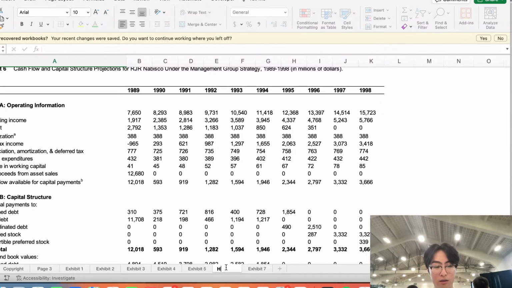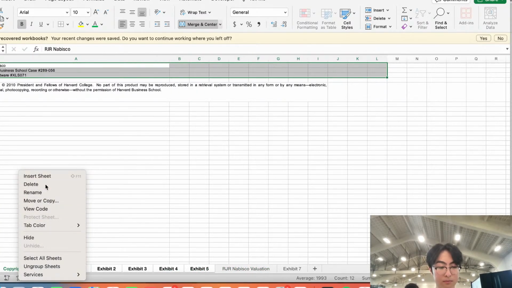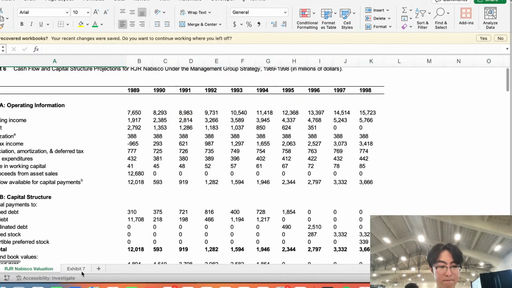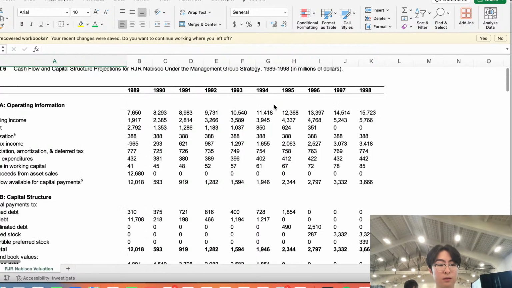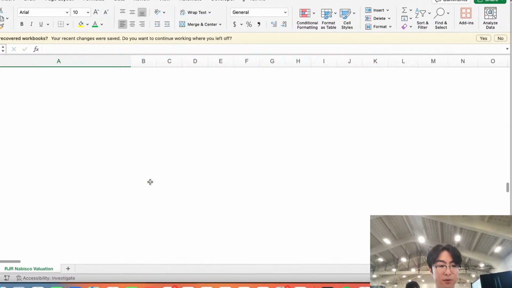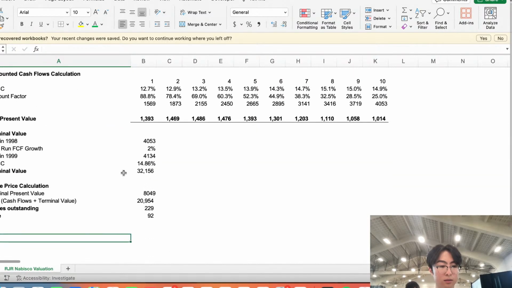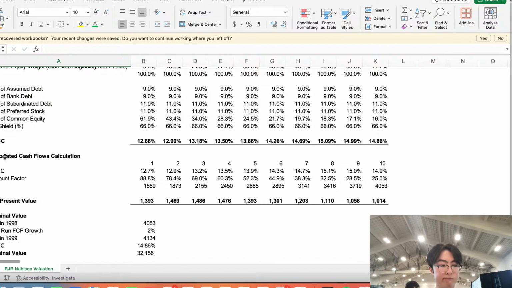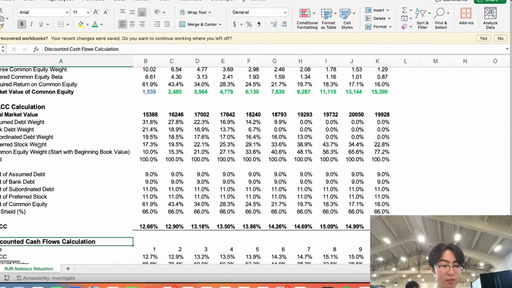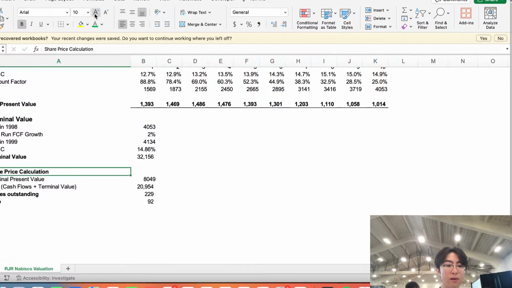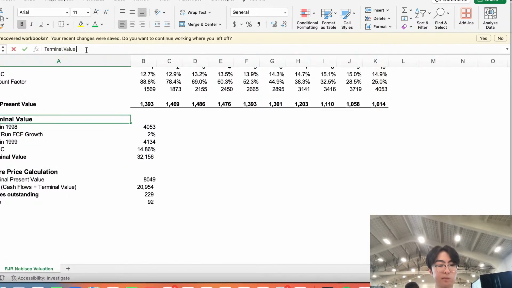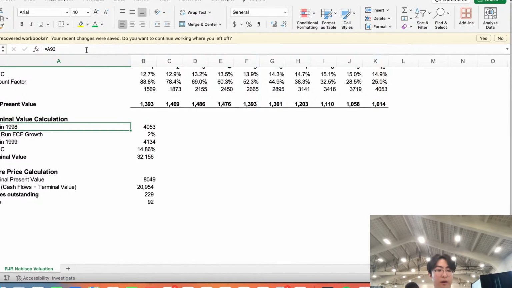Alright, let me see. So homework, RJR Nabisco Valuation. Okay. So I think this is pretty good. Increase this. There's the terminal value. Okay, so that's good.